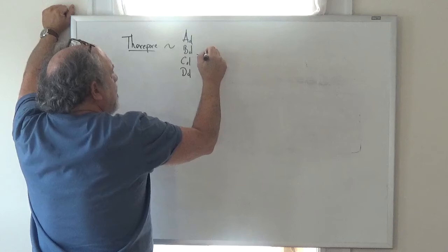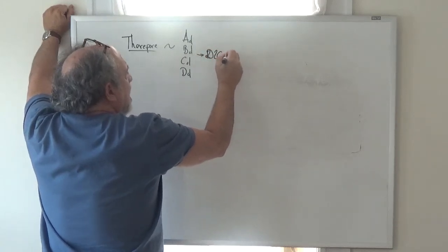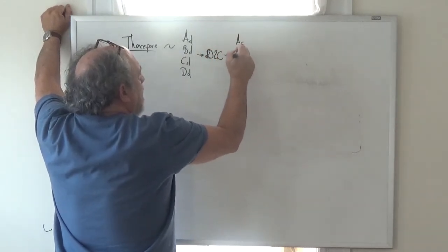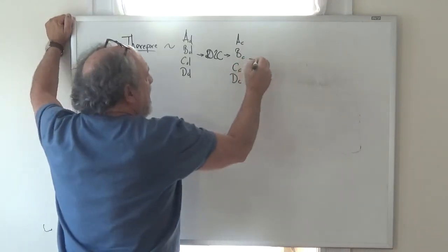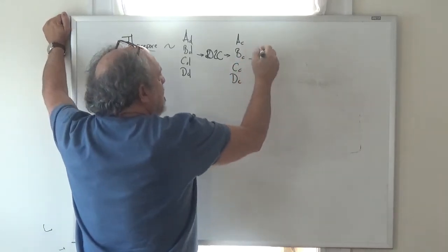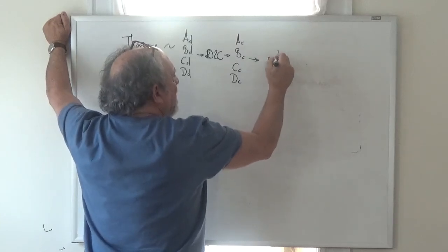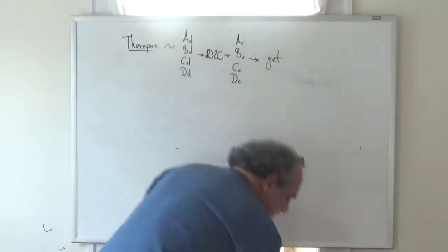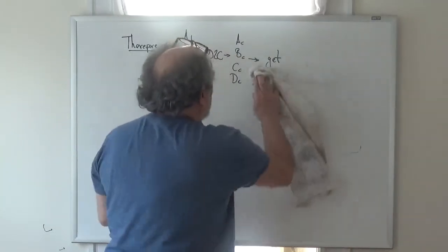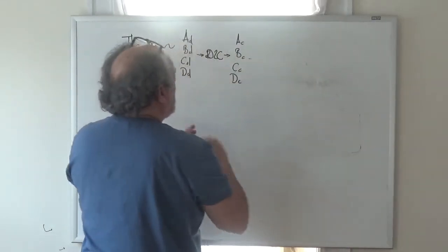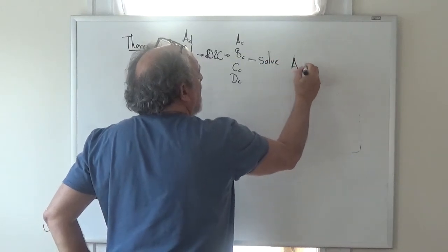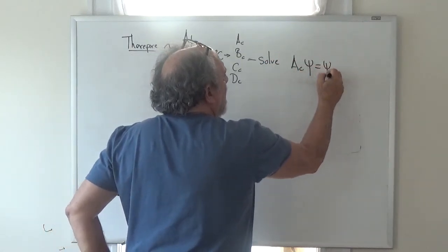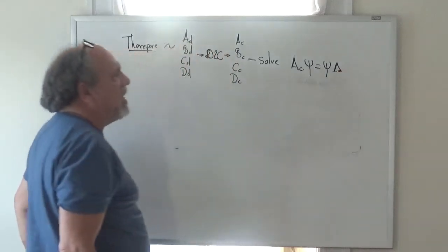Then we do the D to C, and we have A continuous, B continuous, C continuous, D continuous. And then now, what we do is solve the eigenvalues of AC.